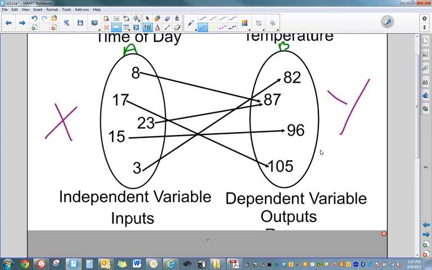So, the big question of the day, that people have not been able to remember: what do you call the possible values of x for a relationship or a problem?